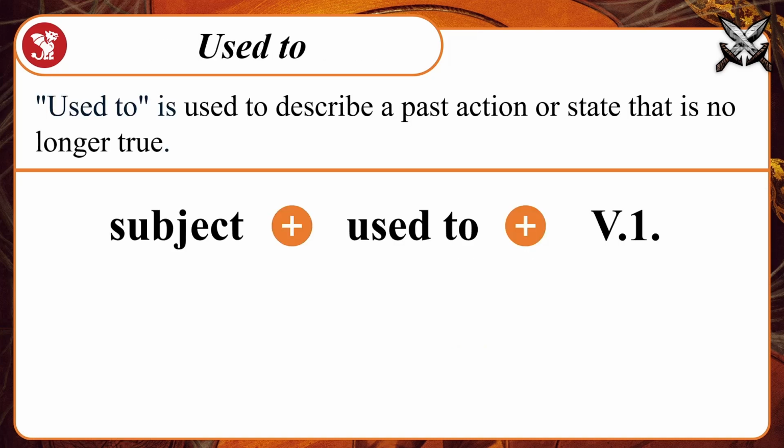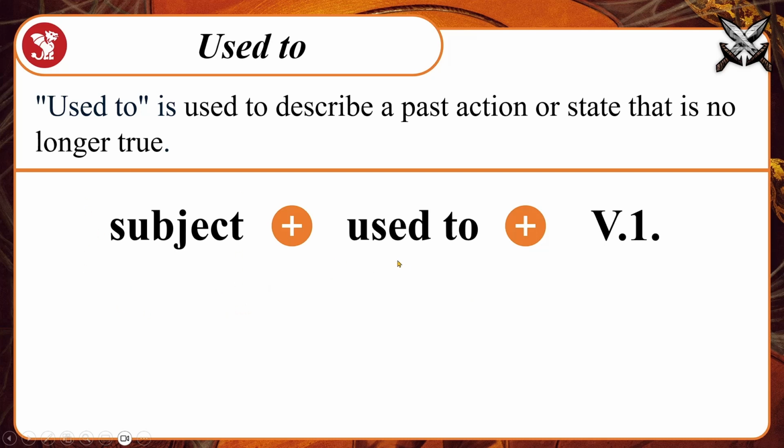The next one is used to. We use used to describe a past action that is no longer true, or a habit in the past, the thing that you did in the past but now you don't do. The structure is very simple.